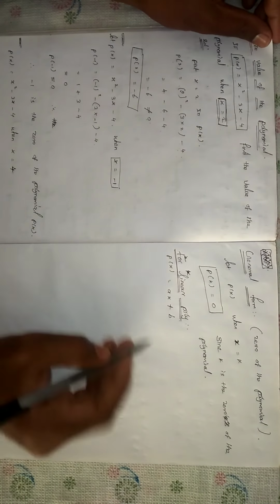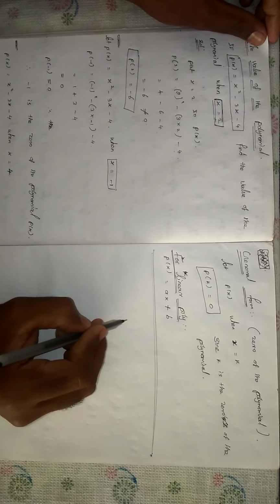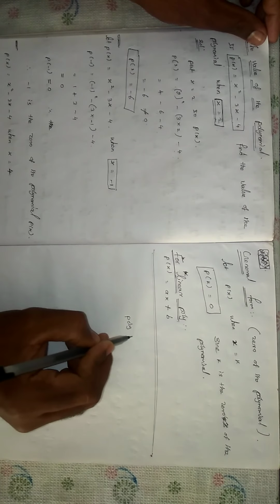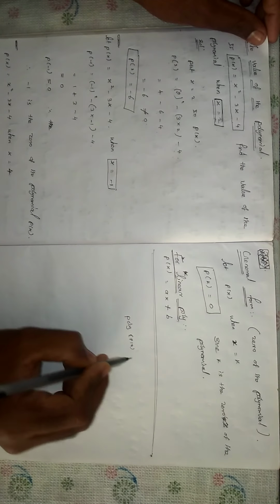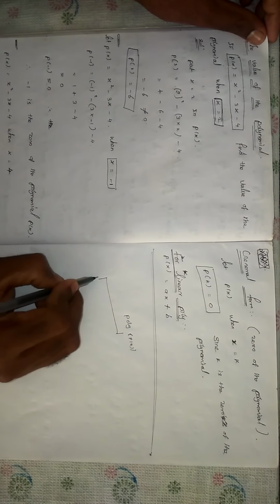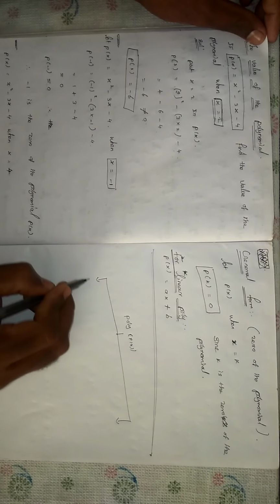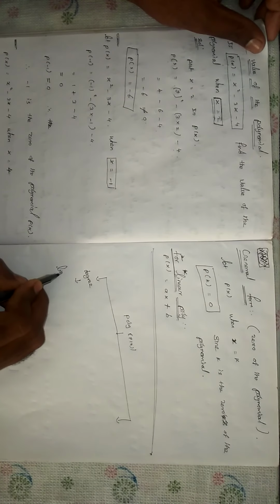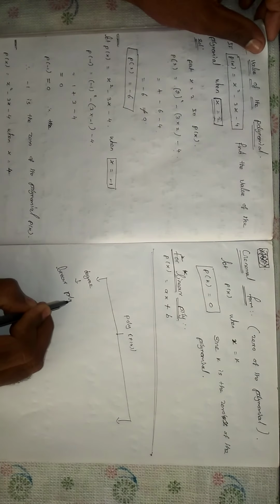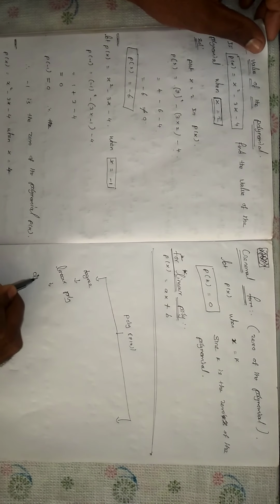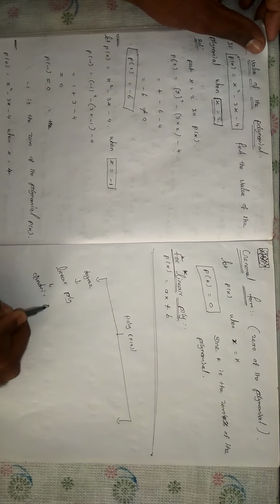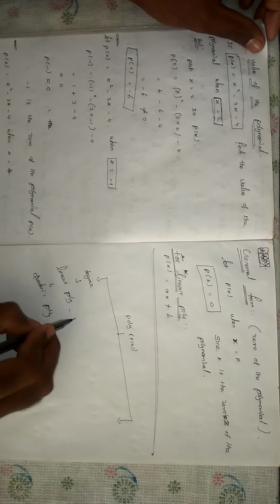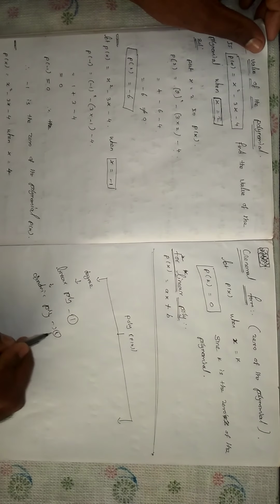Now listen. First, what is a polynomial? That is p of x. In this p of x, based on the degree, we saw what is the degree. Based on the degree, we find linear polynomial. Next, quadratic polynomial, power 1, here power 2.